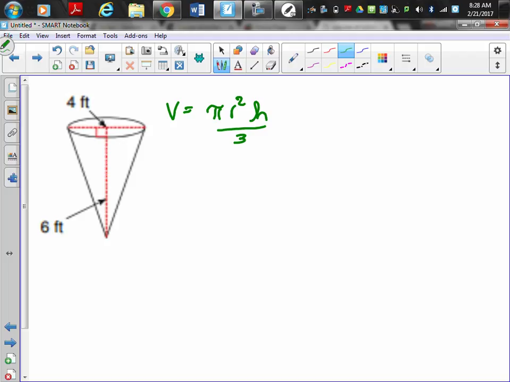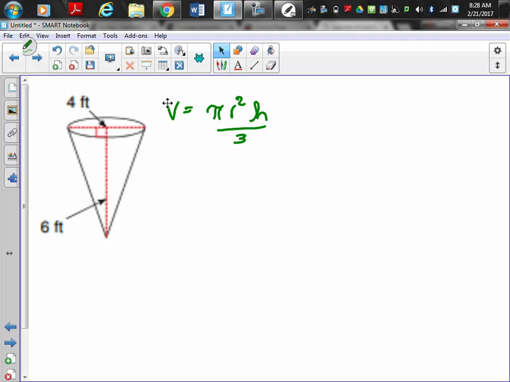Pi r squared height divided by 3. So what's the formula pi r squared for? The what of the circle? Area.